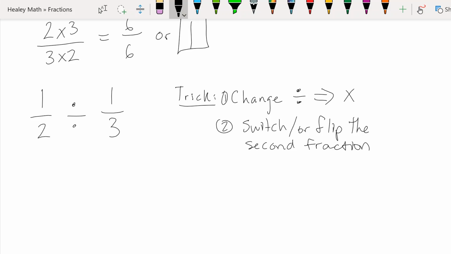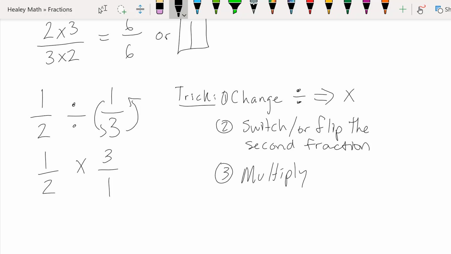Let's fix that. Good. So what we can do is the first fraction stays the same. We'll do our first step. We'll change the division to multiplying, and then we will flip this fraction here as so. Now our third step is we multiply. So it's very similar to multiplying fractions, but with a slight twist.